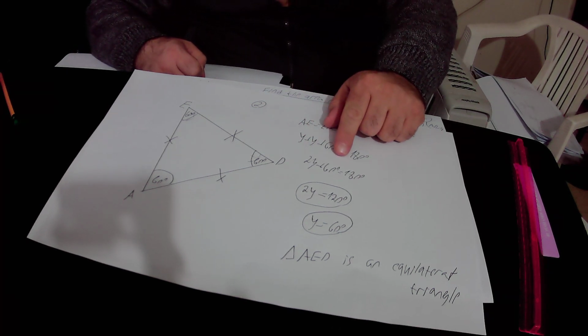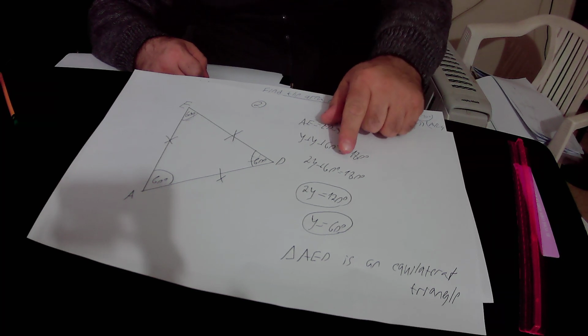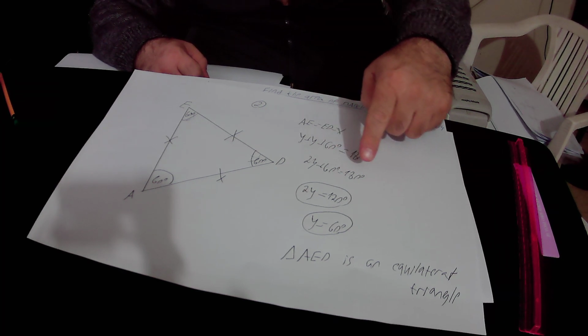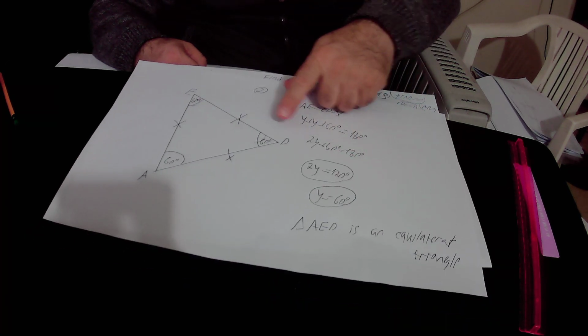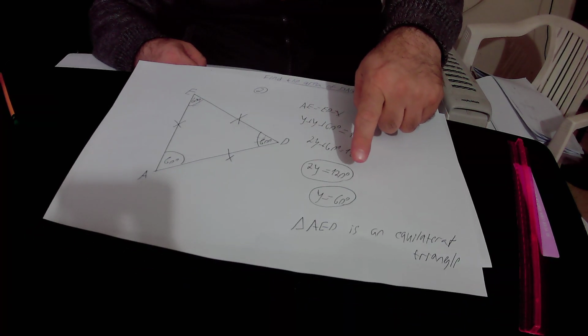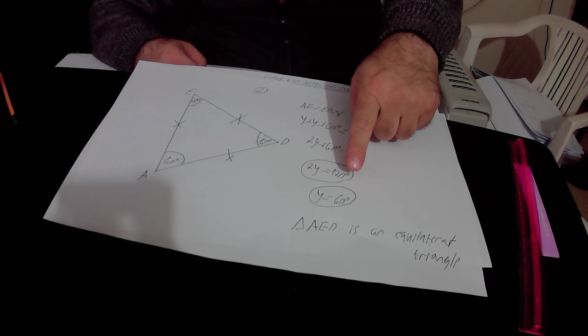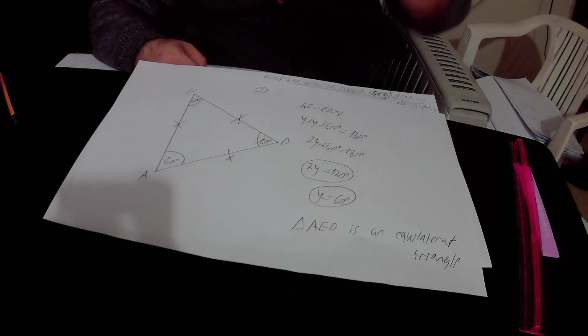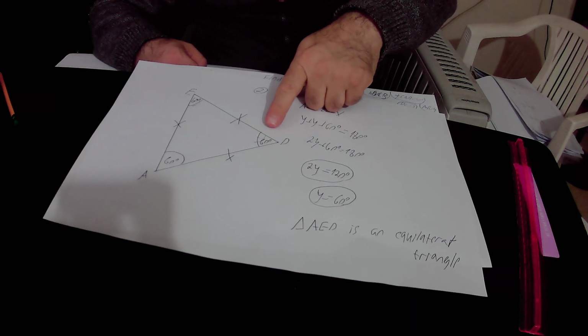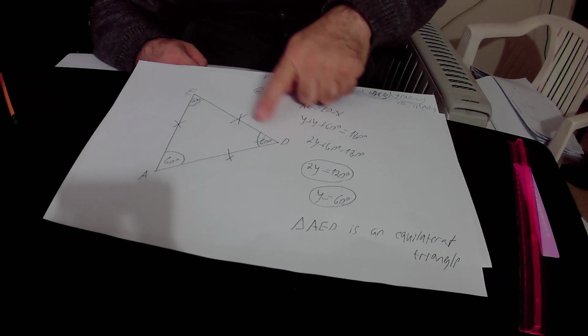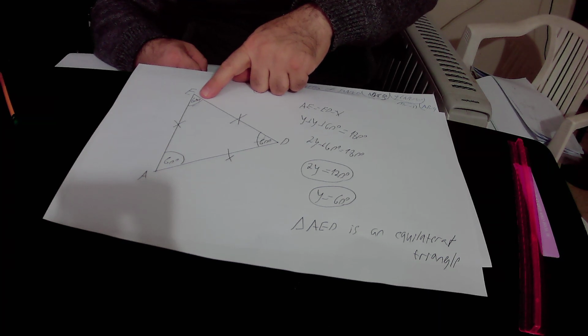We subtracted 60 degrees, and we got that 2y equals 180 degrees minus 60 degrees, which is 120 degrees. We divided this equation by 2, and we got that angle y equals 120 degrees over 2, that is to say angle y equals 60 degrees. This angle equals 60 degrees, and this angle y also equals 60 degrees.